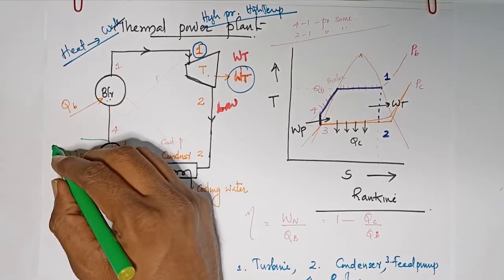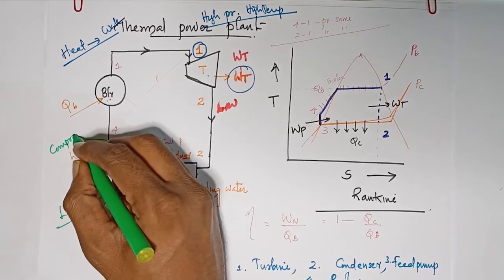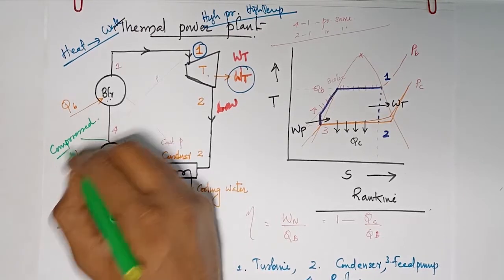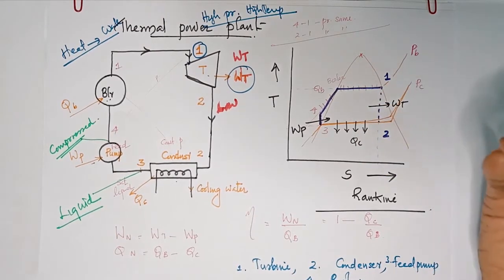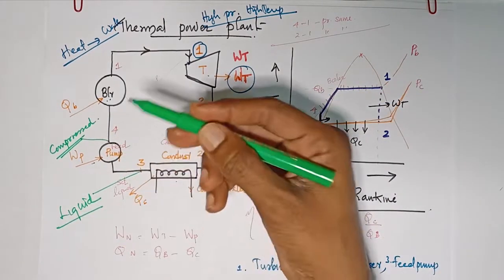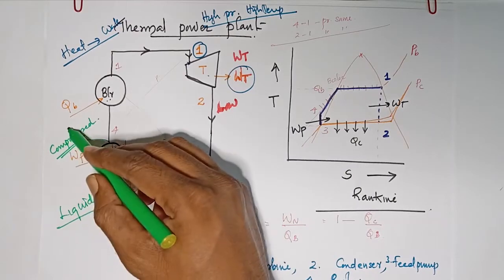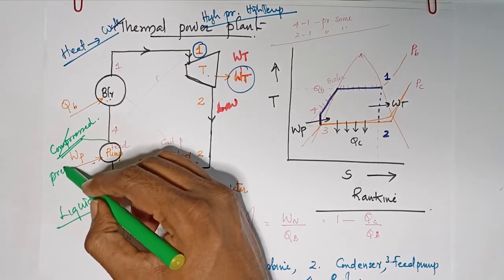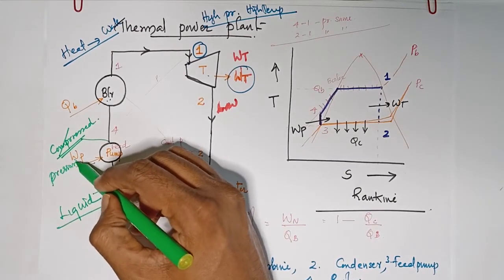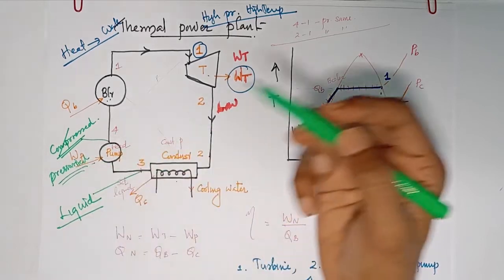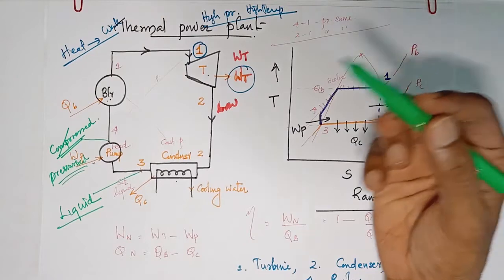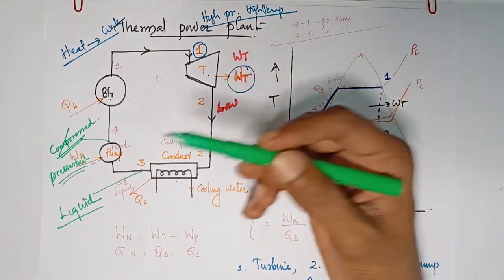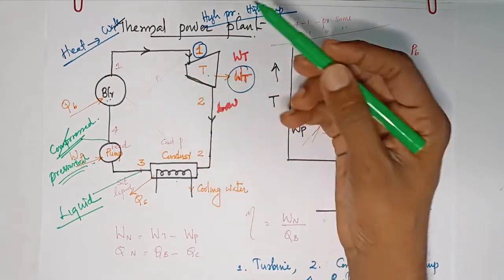Here, this is compressed. Compressed means, see, you might have learned that water is an incompressible liquid, but it is pressurized. Compressed means the apt word is pressurized. Normally we know that since it is incompressible, when you pressurize the water, its temperature won't change much.